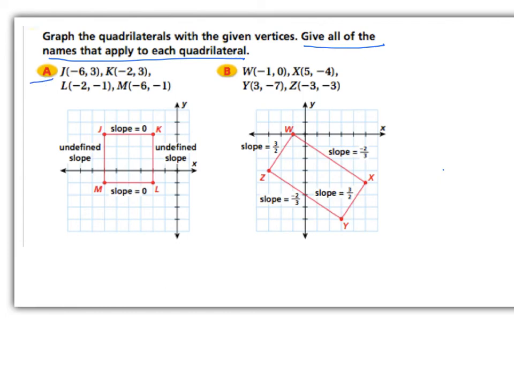I notice that the slope on top is 0 and the slope on the bottom is also 0, so those slopes are the same. Same on the sides. If we count the sides, we get 1, 2, 3, 4 on both. So I know all of these sides are the same, and the slopes are the same, so we can say this is a parallelogram because they're all parallel.